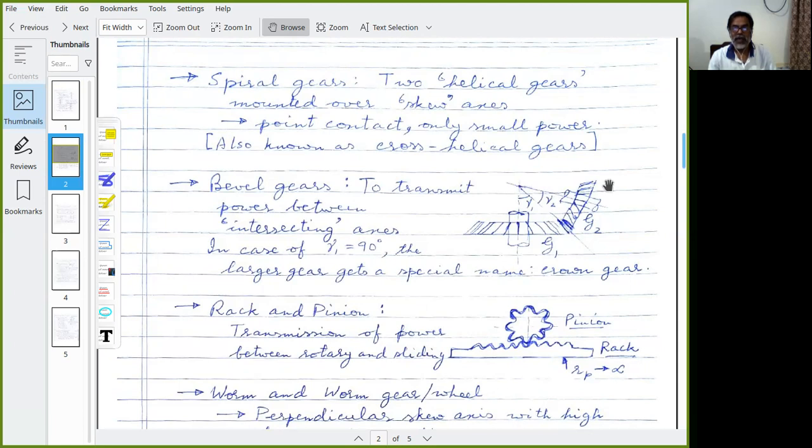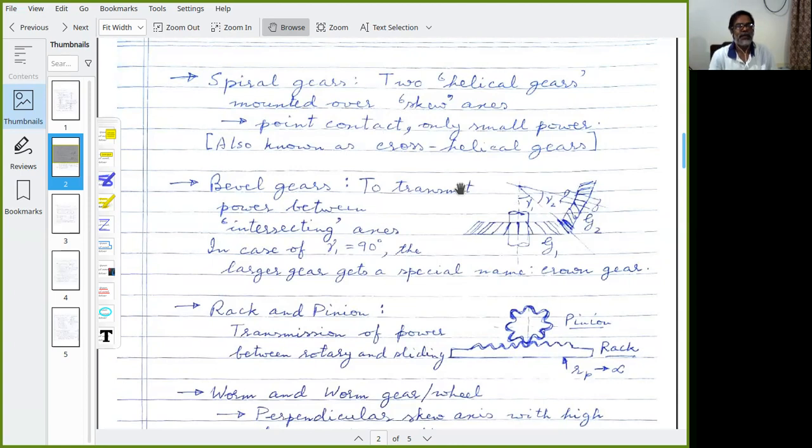In that case, this larger one is also called a crown gear, which has some special utilities in certain sectors. It is called crown because if this becomes perpendicular, then whatever gets mounted on it operates as a crown.